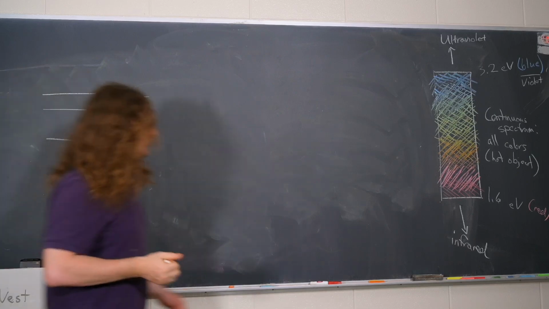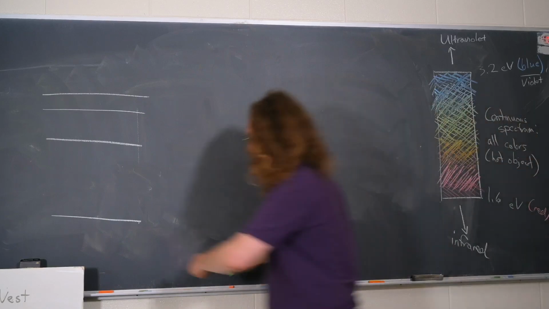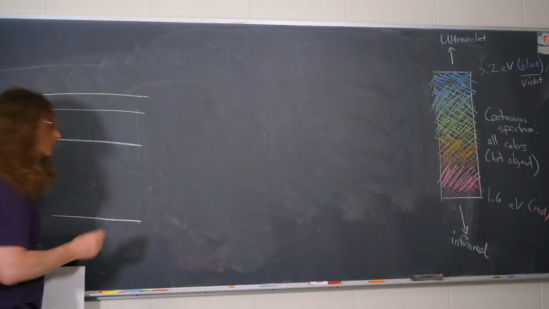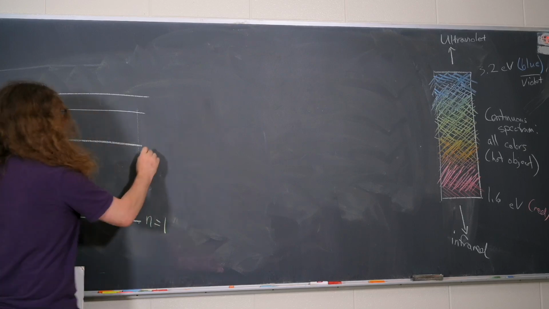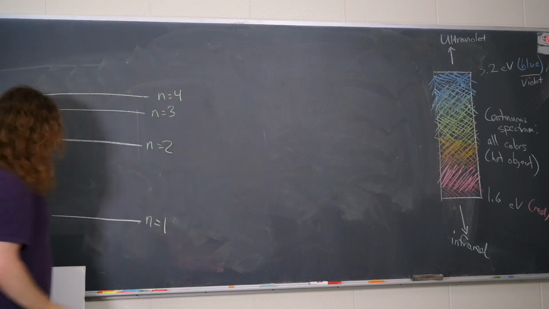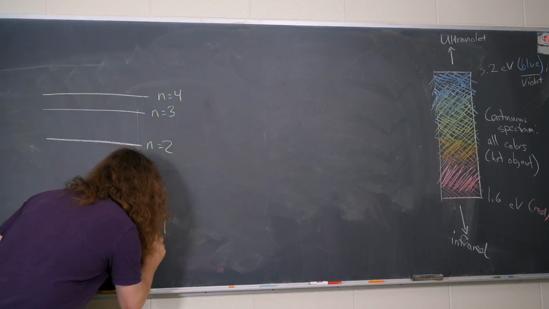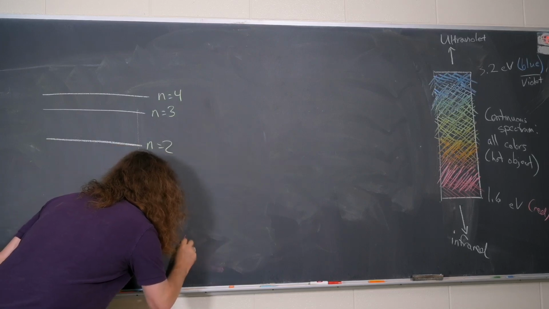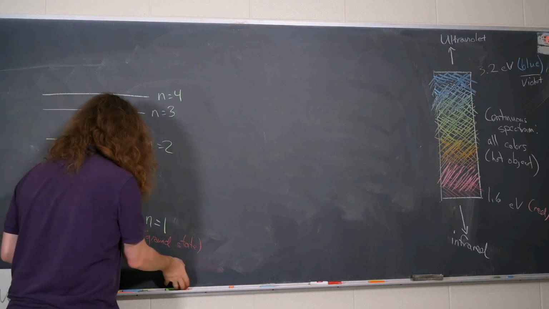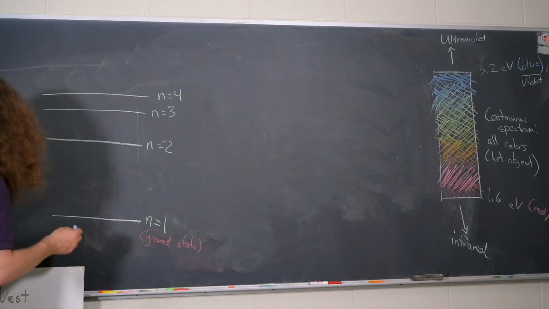How do we label energy levels? Bringing my colors of chalk back to the other side of the board. We label them with the letter lowercase n, starting from the bottom. n equals 1 here, the lowest energy level, is called the ground state. Like, the ground is the lowest thing. And each energy level has a certain amount of energy.